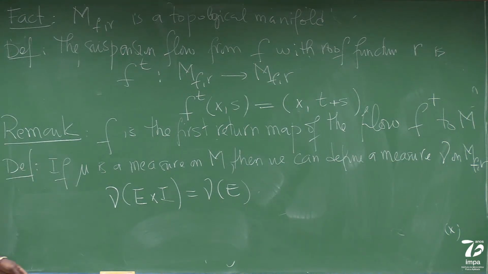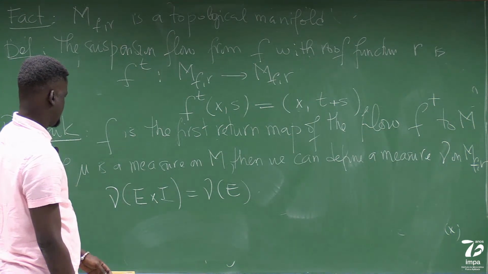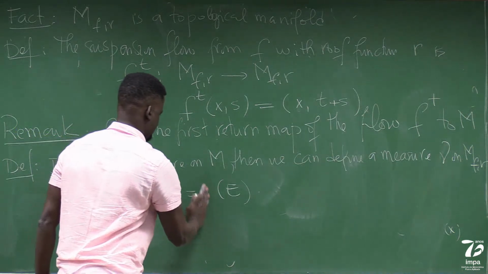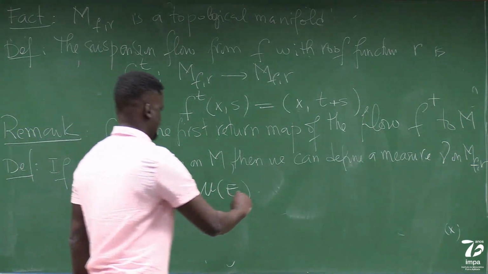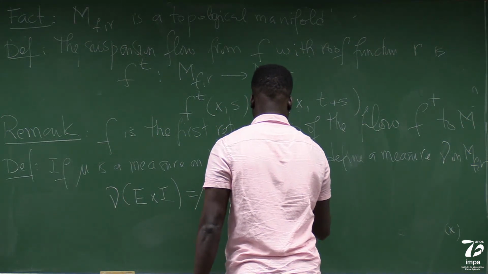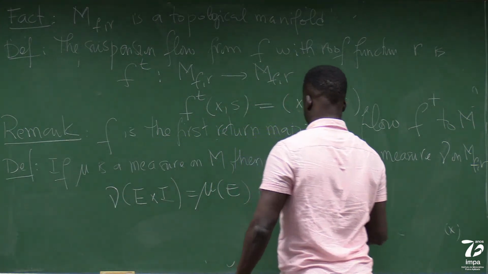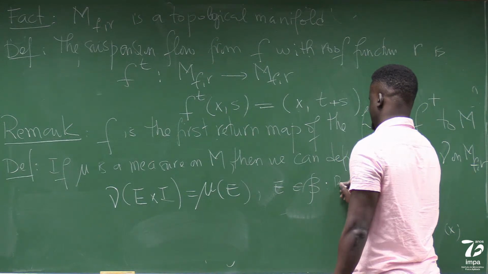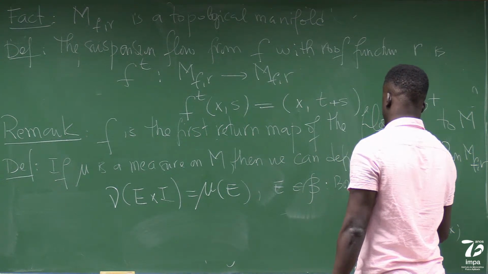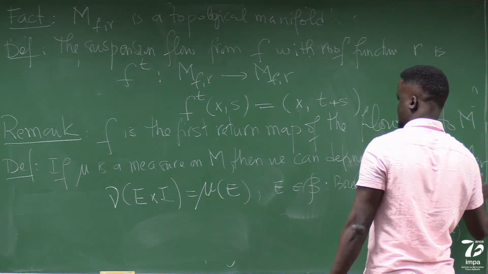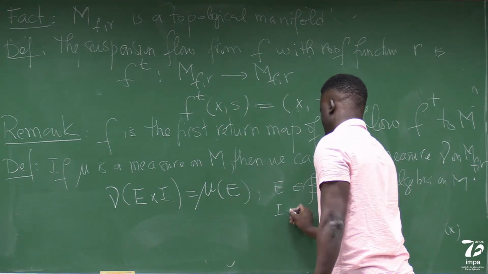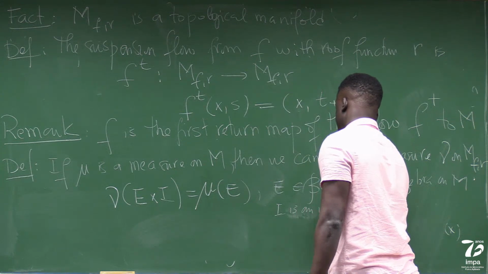So we're here, sorry, mu, yes. Where E is in B, which is the Borel sigma algebra on M, and I is an interval.